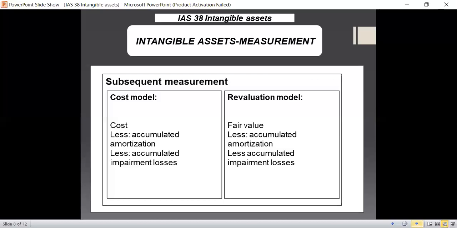And therefore, to all intents and purposes, intangible assets are accounted for using the cost model by most of the entities. Only in rare situations where the valuation model can be applied, it is mostly applied in a similar way as IAS 16, dealing with the revaluation of property, plant, and equipment.